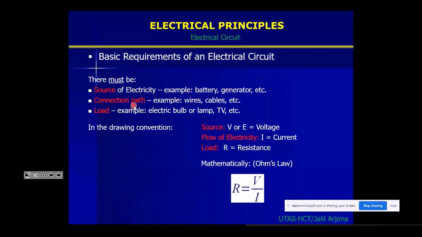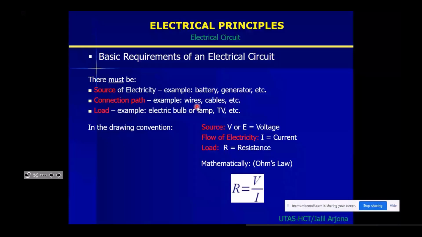And about the electrical circuit, a circuit is a complete connection or a circular path. We have basic requirements of an electrical circuit. We have three. There must be a source of electricity, for example, a battery or generator, and there must be a connecting path allowing the flow of electricity.